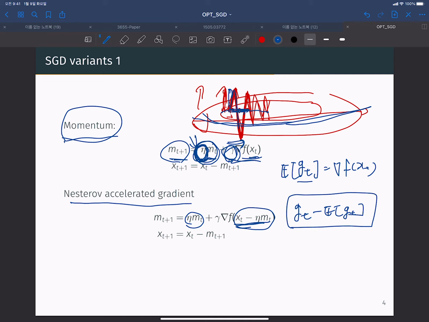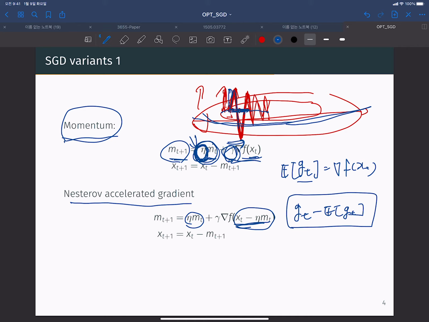Because this is a zero mean random vector, when you add up multiple random vectors having zero mean, the expectation of the sum of random variables having zero mean is always equal to 0.